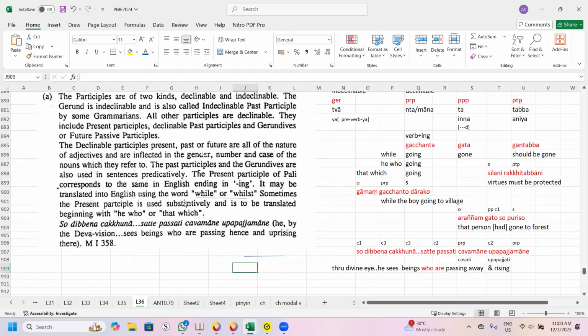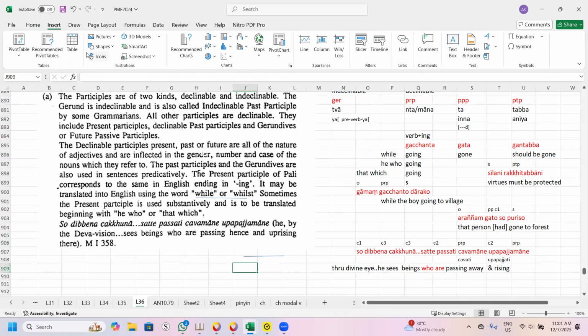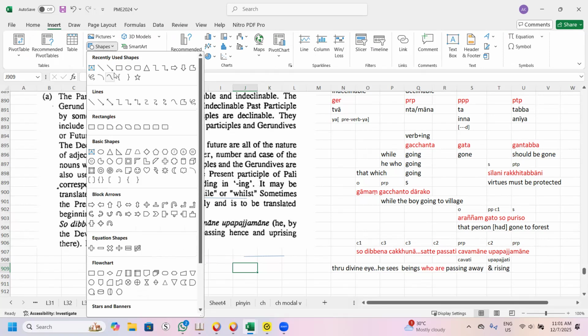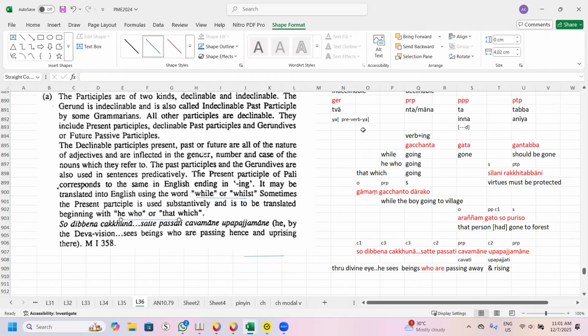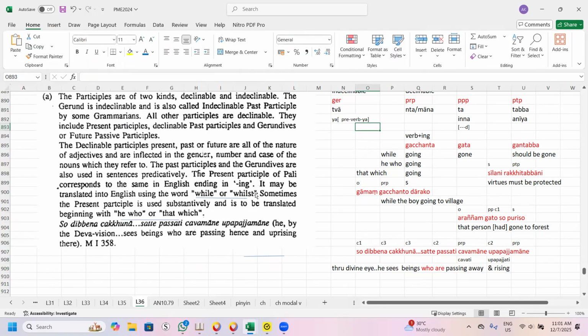So now this is the one you have to take note of. Sometimes the present participle is used substantively and is translated "he who" or "that which". This is the one that you can randomly change. See, just now you said "while going", where the subject is not mentioned.